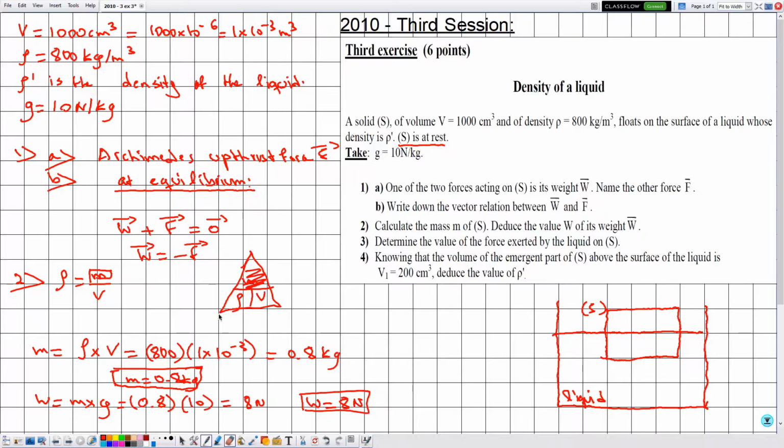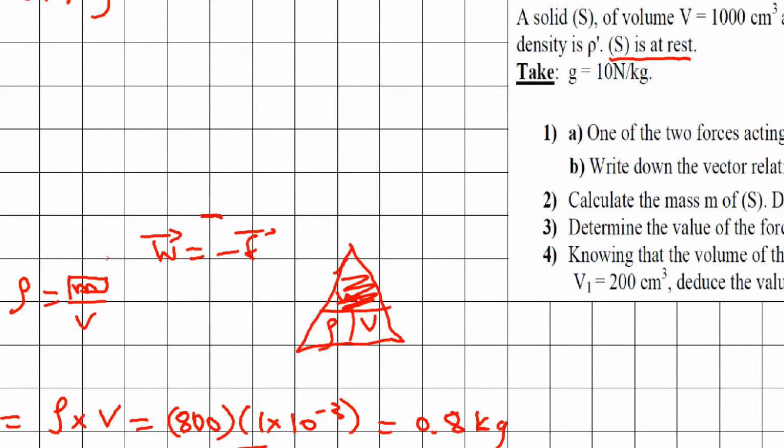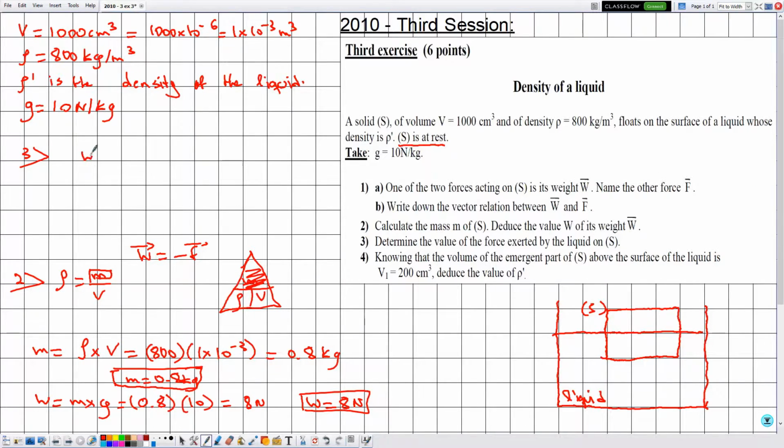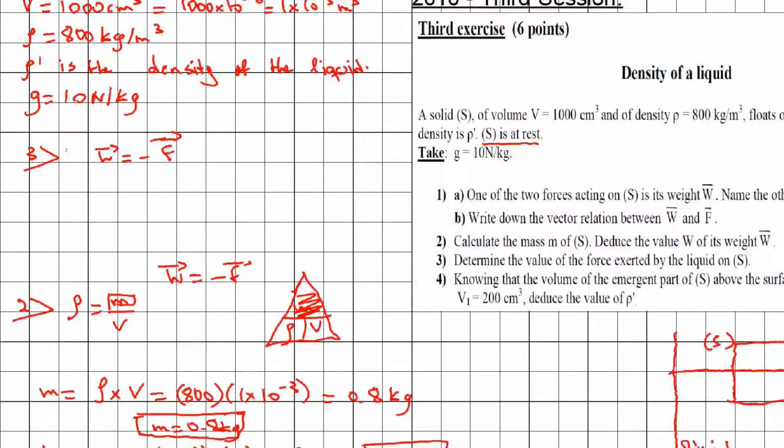Let me make some space. Now we are in part 3. In the previous part, we have determined the magnitude of the weight, and in part 1b, we have determined the vector relation, which is given by W vector is equal to minus F vector. And this equation tells us that both forces have the same magnitude.